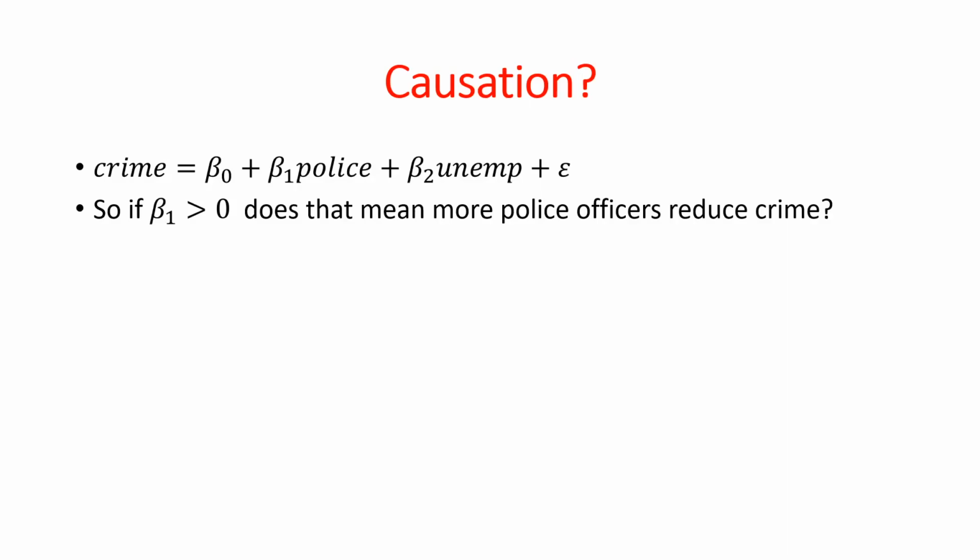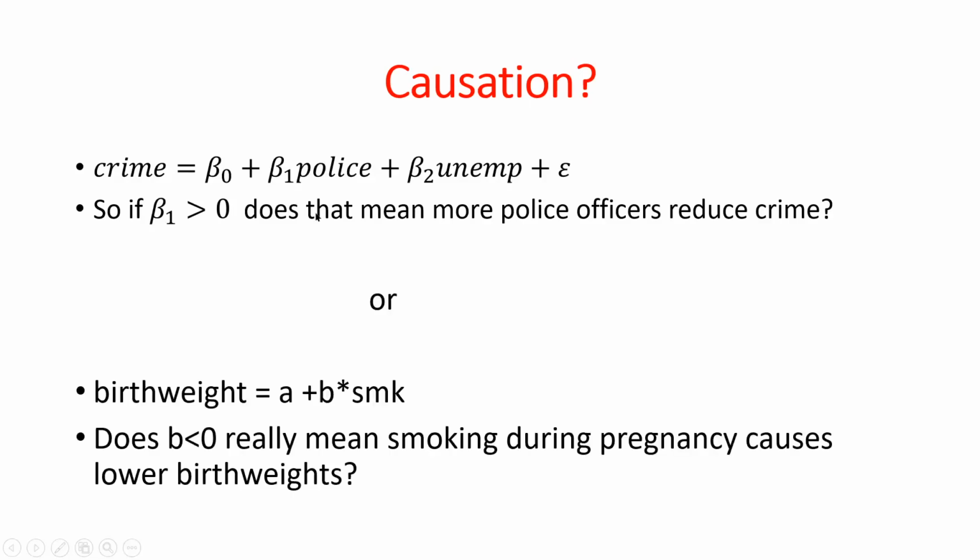Well, it could, because even though we are trying to hold constant unemployment, we're not capturing everything about that area, and areas that have higher crime to begin with are going to have to spend more money on their police force, right? Now, if we could control for all these other factors that would help predict crime, and then look at the effect of an additional dollar spent, hopefully it would be negative, right? If I'm spending more money on my police force, I'm able to reduce crime rates, okay?